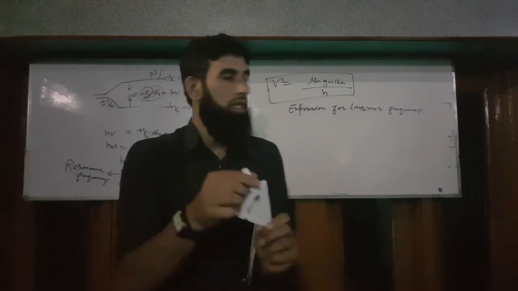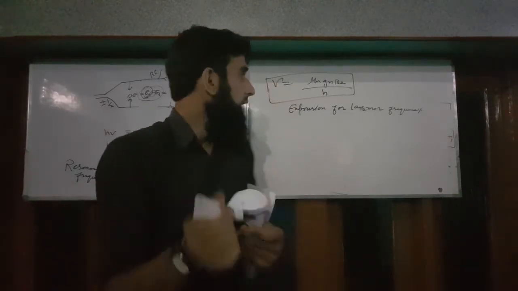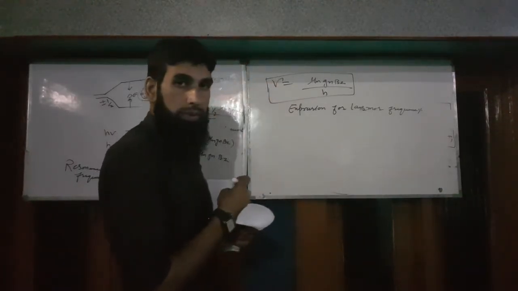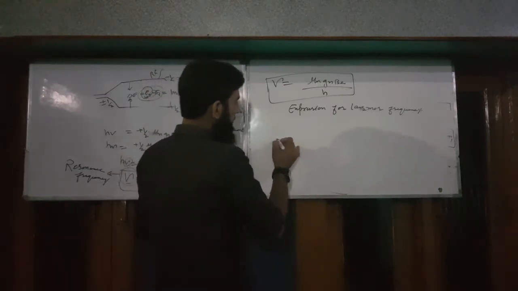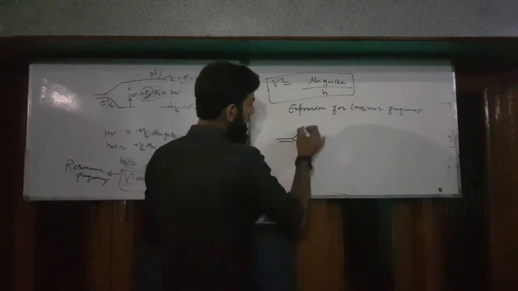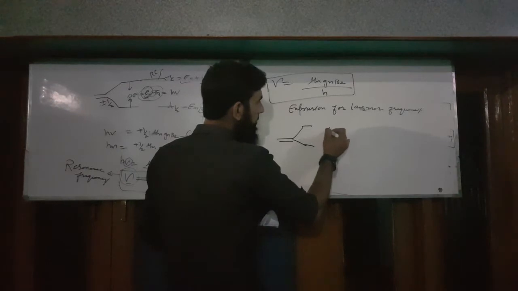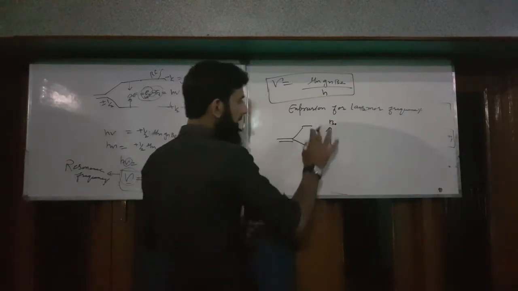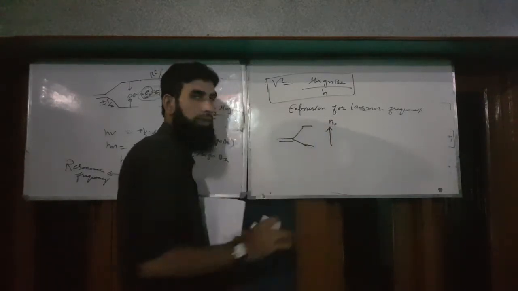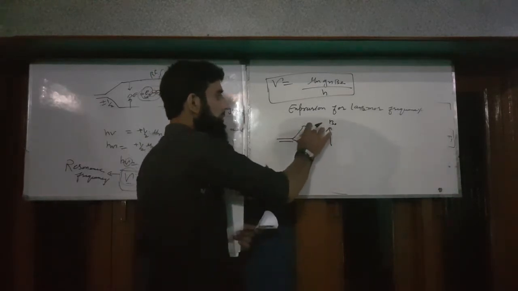Getting it? Now, we have already told you in the starting lecture that we have two spin states. This is our B naught, the external magnetic field. By the application of the external magnetic field, the splitting will occur.